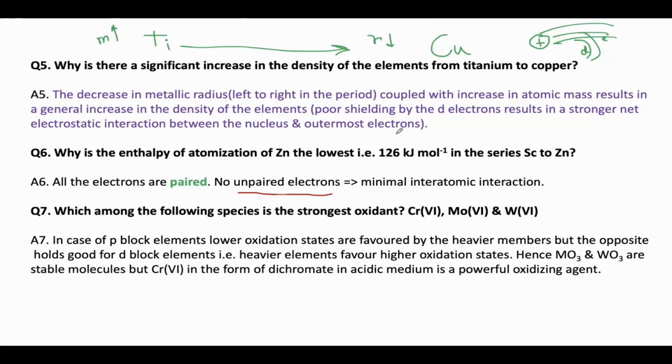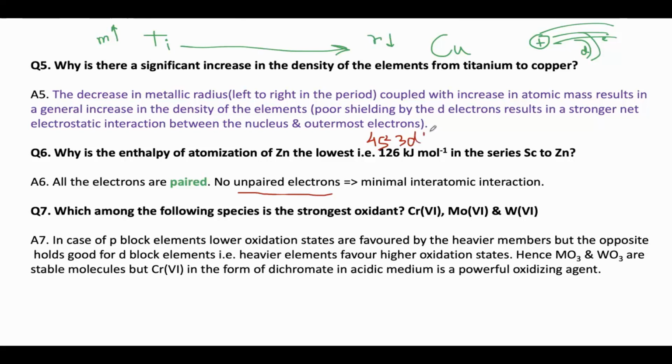In the case of chromium, the electronic configuration is 3d5 4s1. So it had 5 unpaired electrons. That's why its atomization enthalpy was very high. But in case of zinc, the electronic configuration is 4s2 3d10.